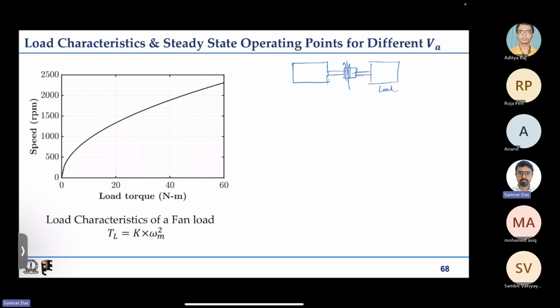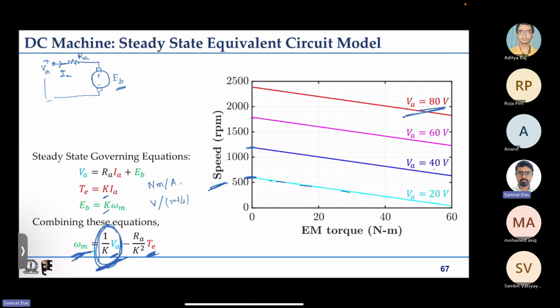So for the motor, if we know the voltage that we are applying, and if we know the speed for some applied voltage, then given a speed, the motor can operate at only one operating point, right?